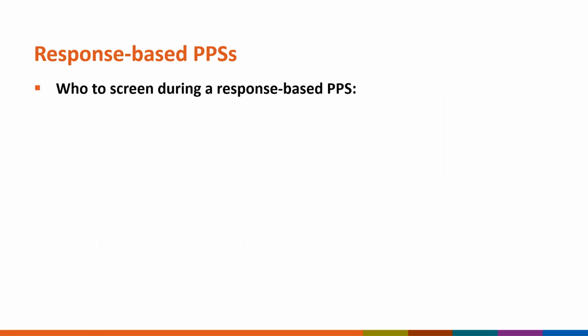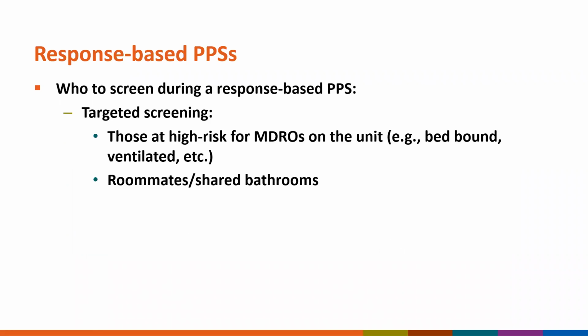But what about who you should screen? Sometimes you can start by initially screening a select or targeted group of people, such as those at highest risk for MDRO colonization on a unit, to include roommates or those who may have shared bathrooms. However, transmission often occurs well beyond roommates, so it should also include other people at high risk, like those who are ventilated or bedbound.